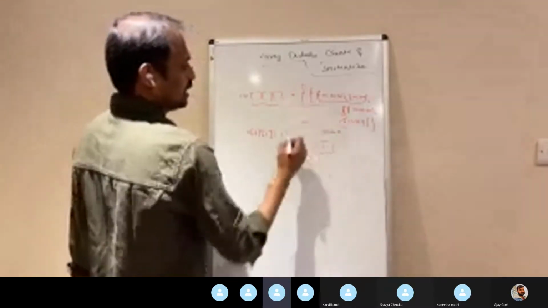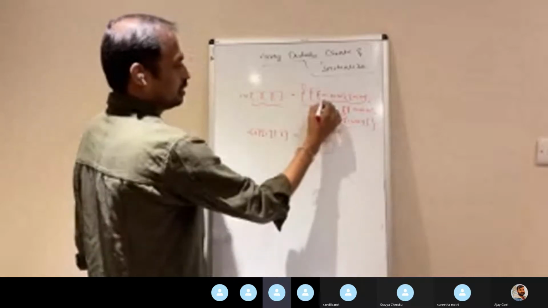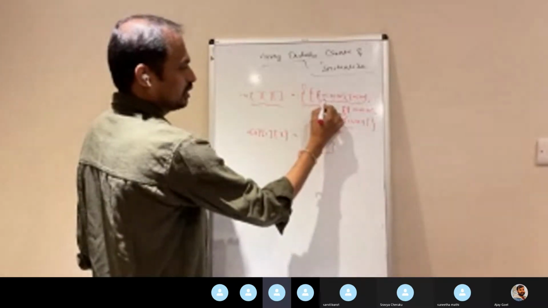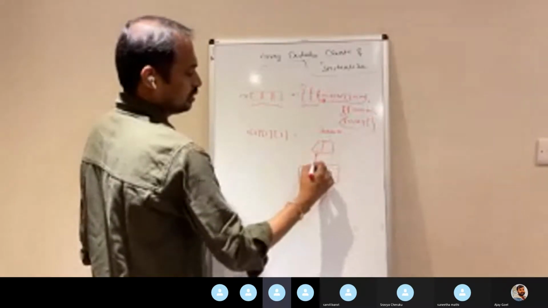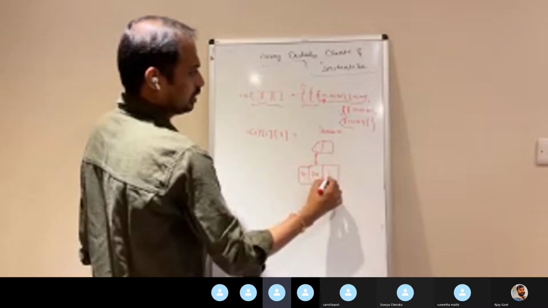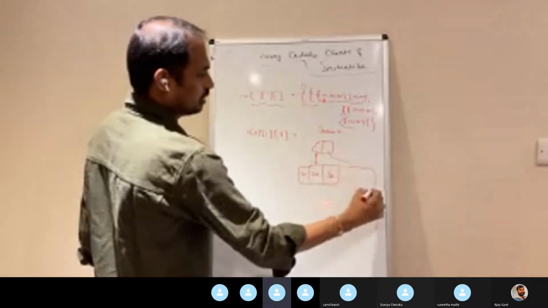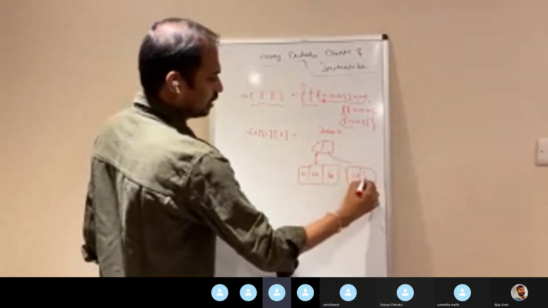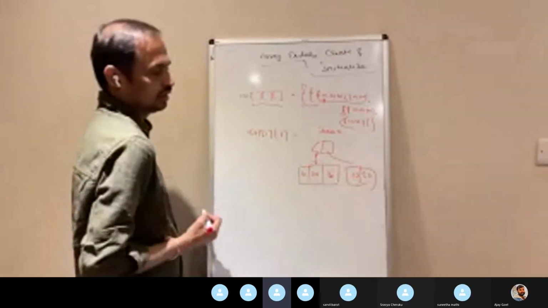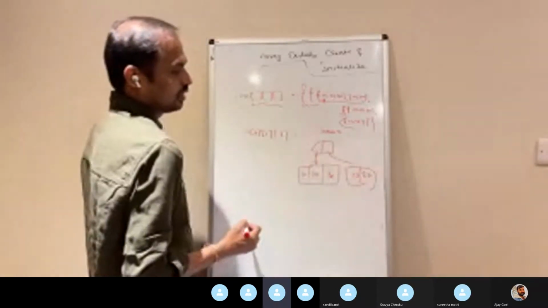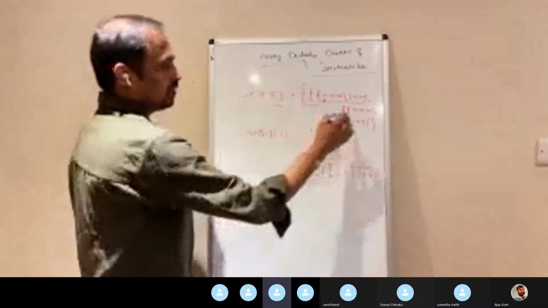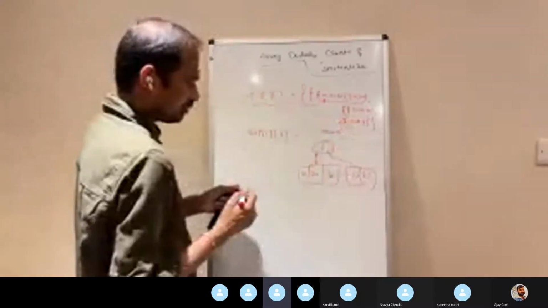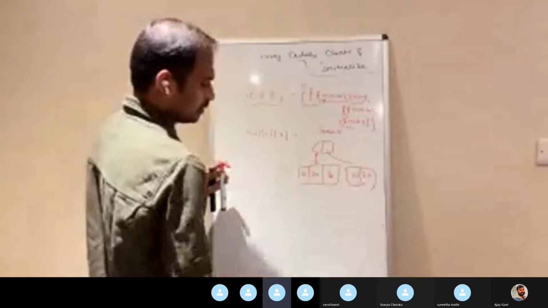So the index is 2. What is x of 0 of 0? 10. So what we are going to do: 10, 20, 30, and here 10, 20. We are going to divide like this. The same way we are going to divide this one.